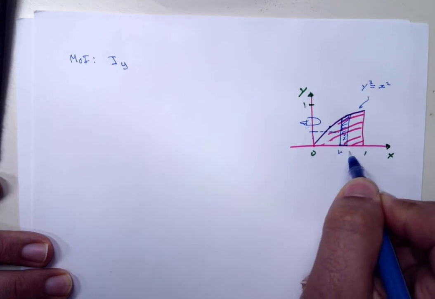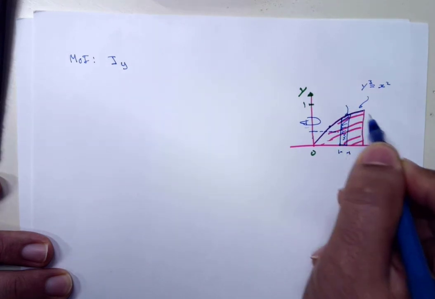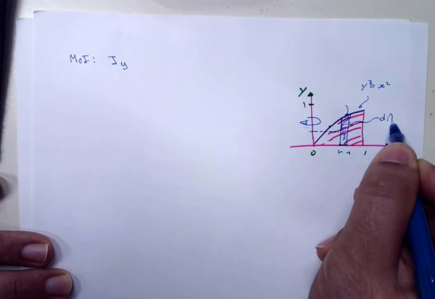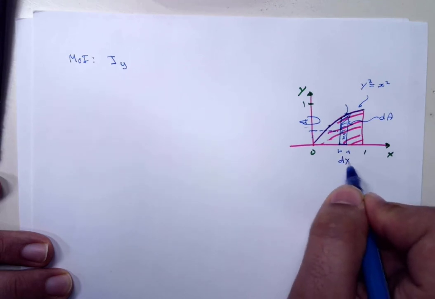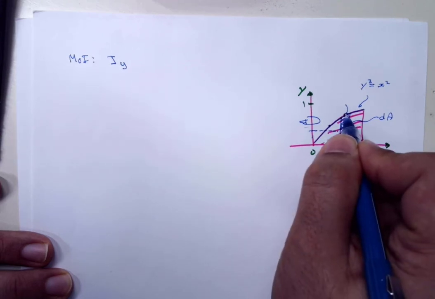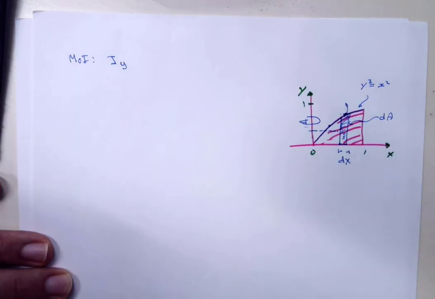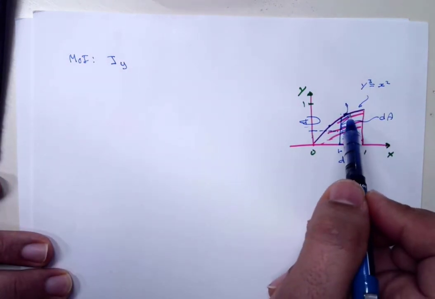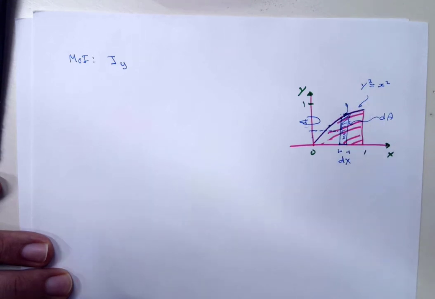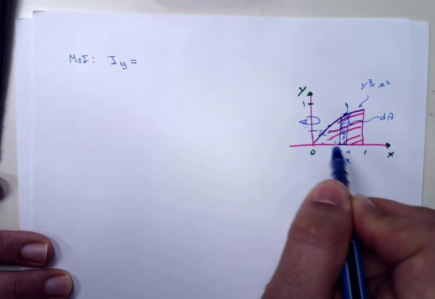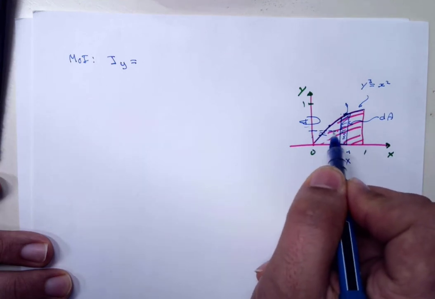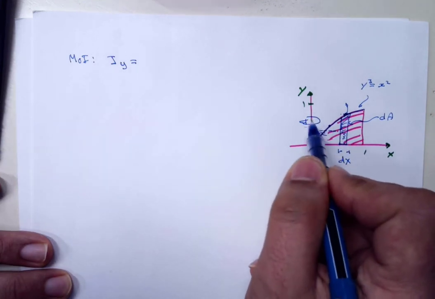So this fragment has an area of dA, a width of dx, and a height. This height, for my best interest, I want to define it in the x, because the definition is how this fragment is rotating about the y.